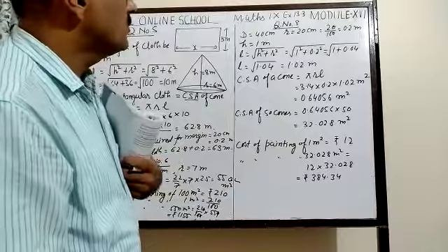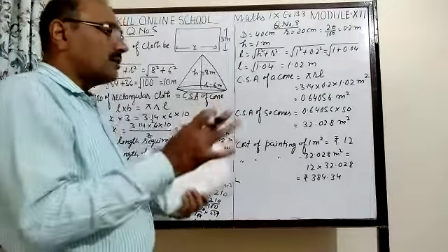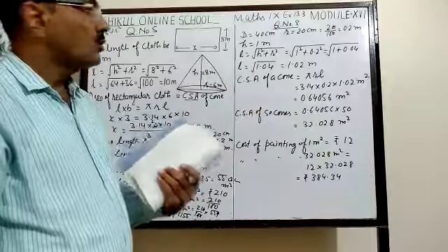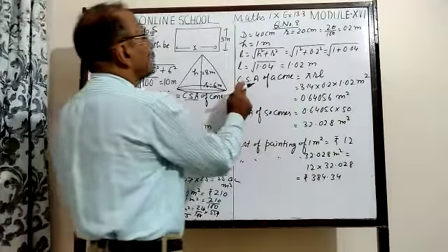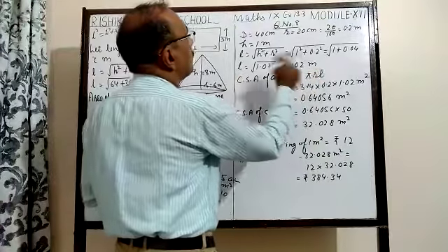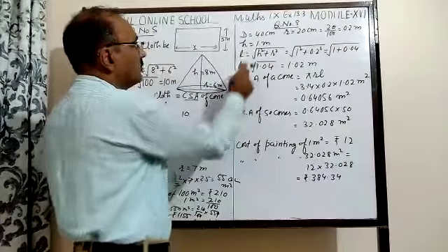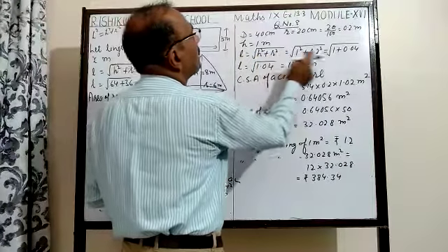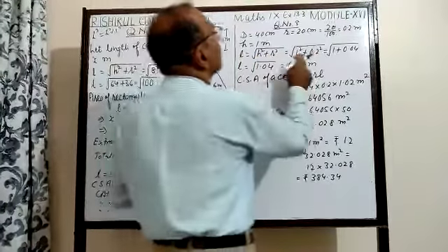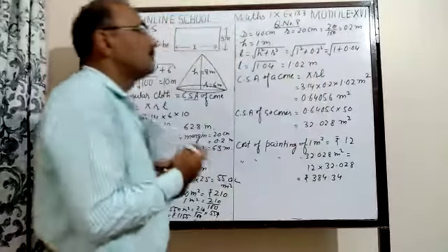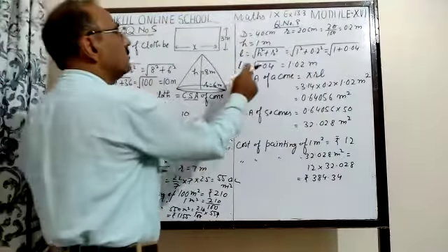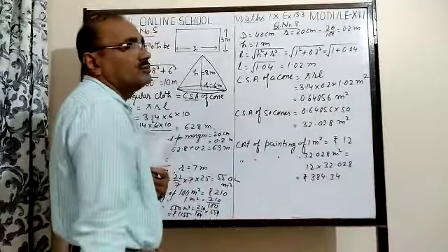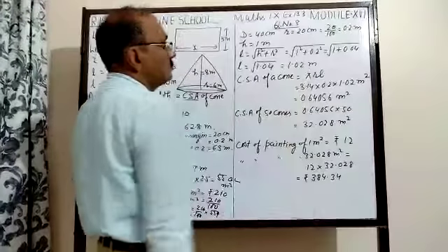So first of all, because you will paint the outer curved surface area of the cone, you will find the curved surface area, pi r L. For this you will find L. L square is equal to h square plus r square, h is 1 and r is 0.2, square 0.04, add together 1.04, and the square root of 1.04 is given as 1.02 meter.